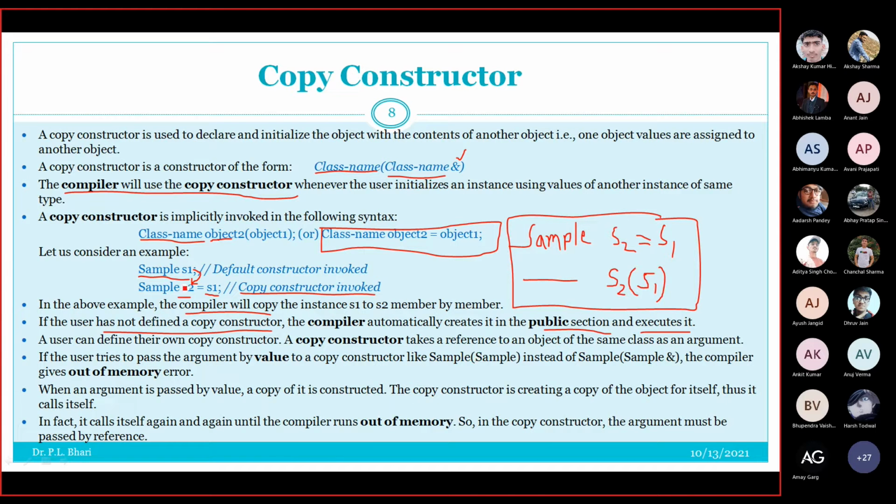The next point is that the user can define their own copy constructor. You can define your own copy constructor also. It is not necessary to always leave this to the compiler or depend on the compiler. You can define your own also.